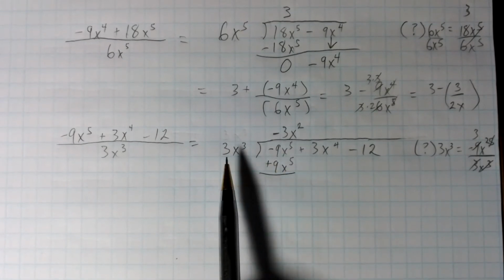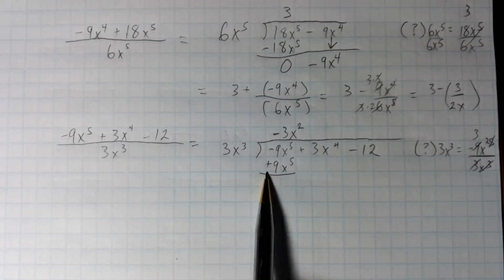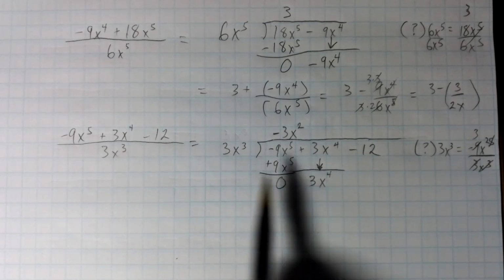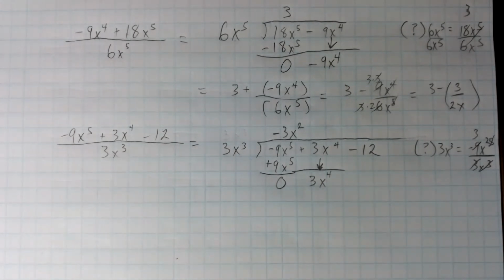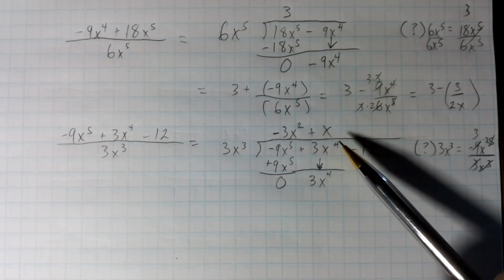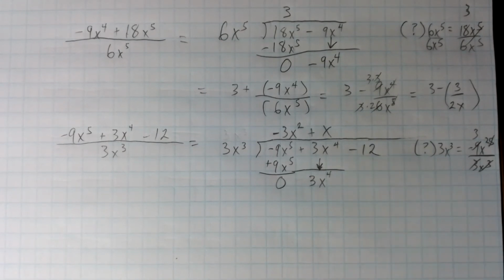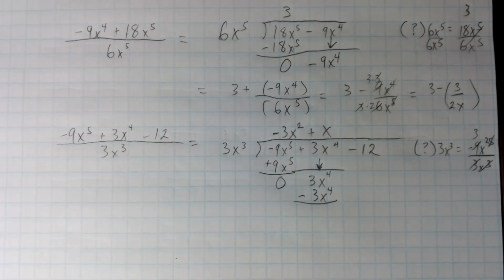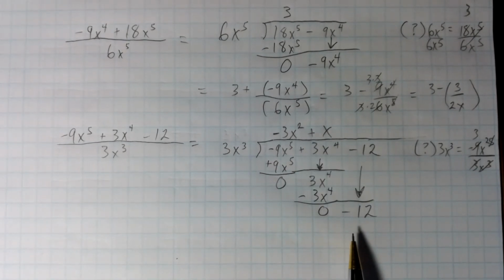So when I do my multiplication and I minus, I end up adding. And bring down my next term. Let's see, what times this will give me this? That should be some quick head work. It's just x. Multiplying this out and minusing, then bring down the 12.